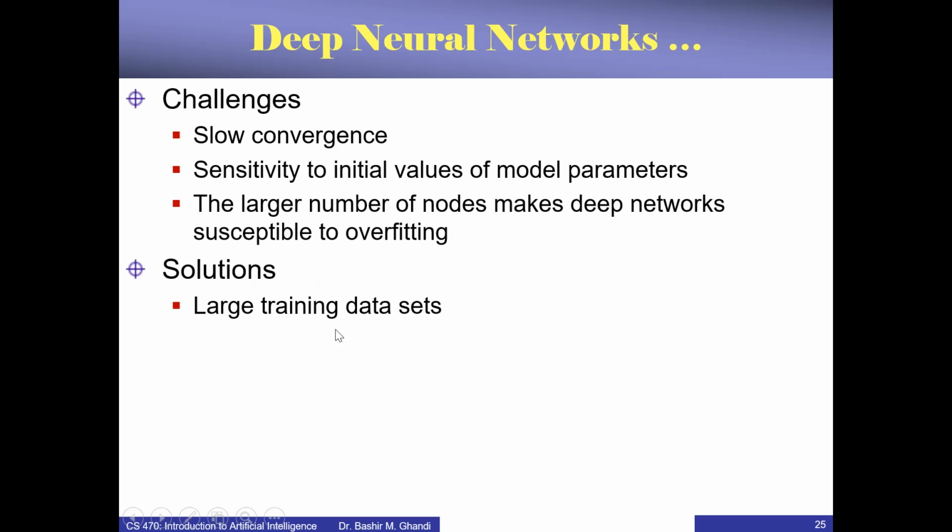If you have very large sets of data, issues like overfitting will not come in, because overfitting normally comes when the network is too big relative to the training data. If it's too big relative to the training data, definitely you will have overfitting. But if you have large training data, then the network will just be appropriate, and you will avoid the problem of overfitting. Okay, so this is one point.